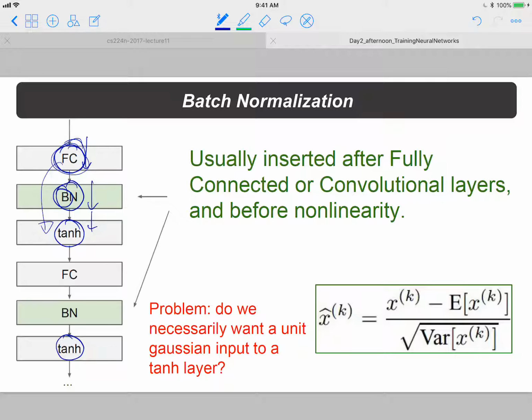If the range of the output from this linear transformation deviates quite a lot from 0, for example if the outputs are all around here, far from 0, then our sigmoid and tanh will have a saturated output, which kills the gradient, right? So usually the point where we add a batch norm is just before this nonlinear unit.